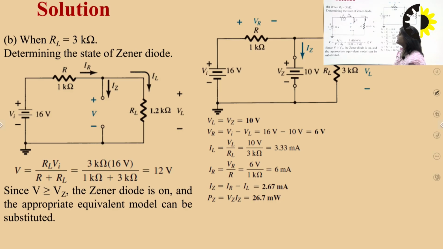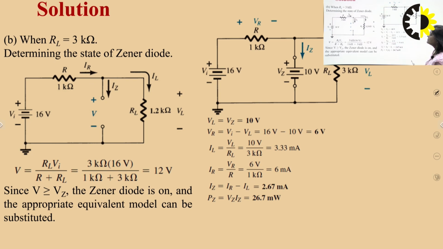We can see the value of V has been found by using this formula, RL upon R plus RL multiplied by VI, 12 volt, and this V is greater than the value VZ. That's why the Zener is on, and the appropriate equivalent model can be substituted. Now the value of VL is equal to VZ, because it has been replaced with the VZ potential. Now VR would be equal to VI minus VL. So 6 volt is here.